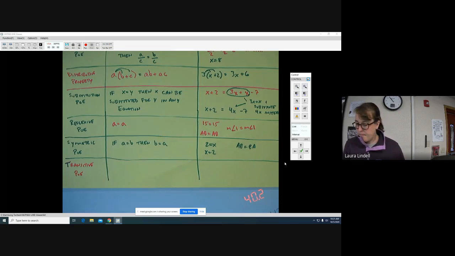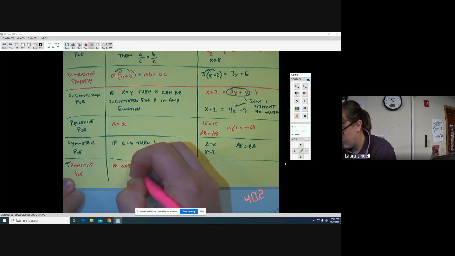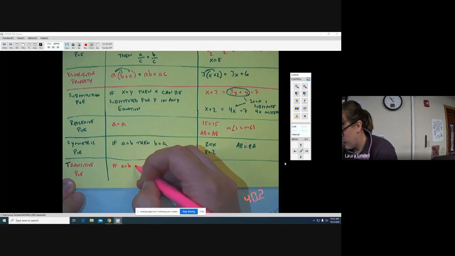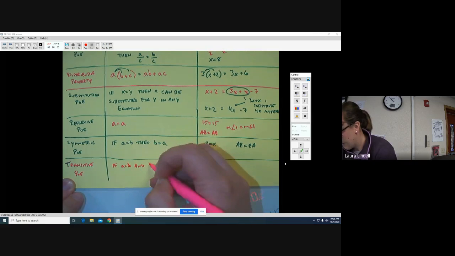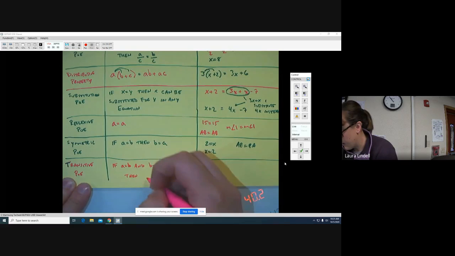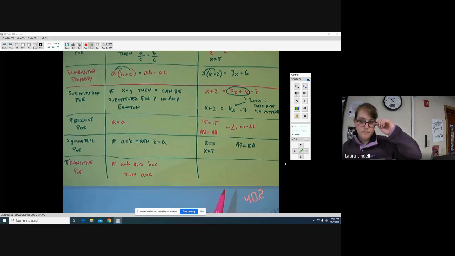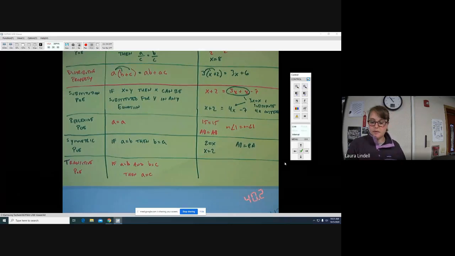Transitive property. If A equals B and B equals C, then A equals C. So there's a couple ways you can think of this one.